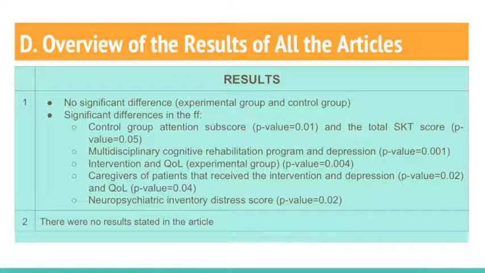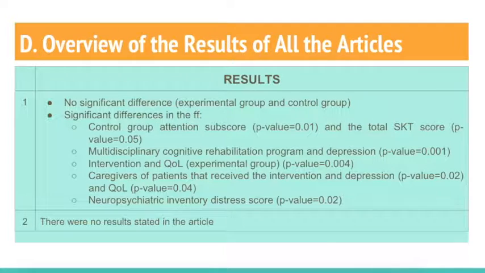Between the multidisciplinary cognitive rehabilitation program and depression, there was a reduction of depressive symptoms in patients under the experimental group. There is also a significant difference in the intervention and quality of life of the patients in the experimental group. Another significant difference was noted between the caregivers of patients that received the intervention, in depression and quality of life.